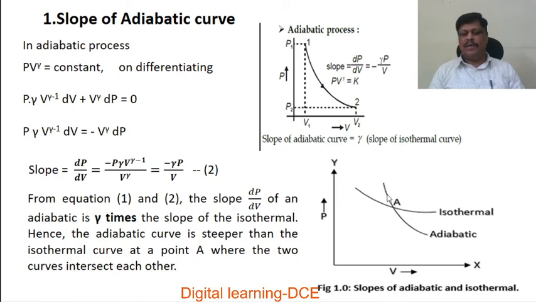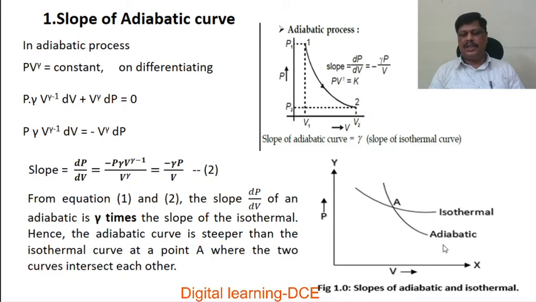Because the adiabatic process is a quick process, there is a sudden change in volume and pressure, and the isothermal process is a slow process. Also, in the isothermal process the temperature remains constant, but in adiabatic expansion the temperature decreases.